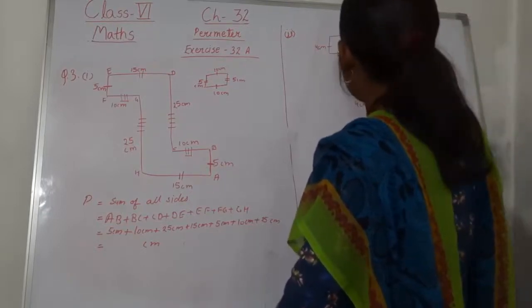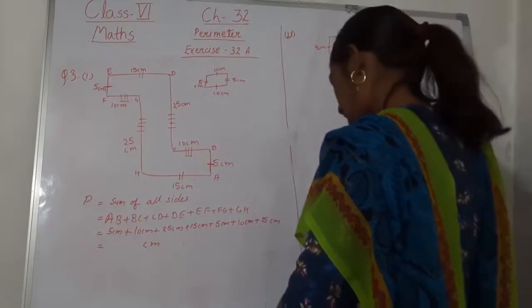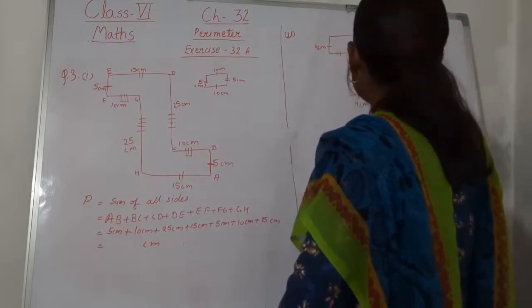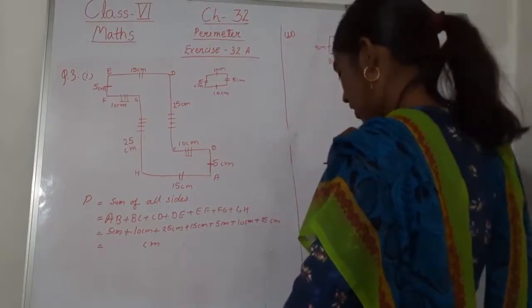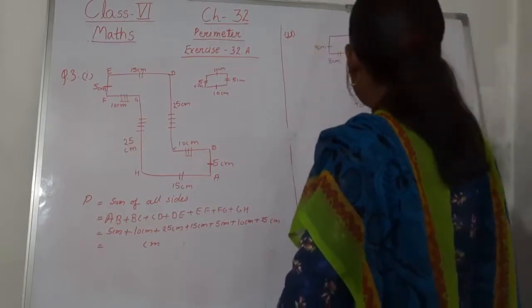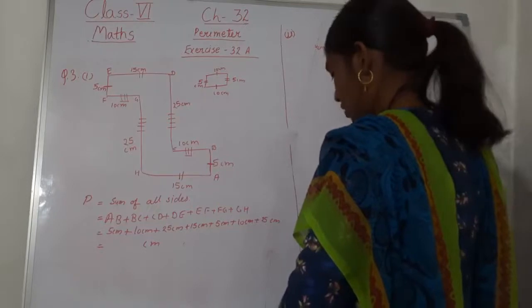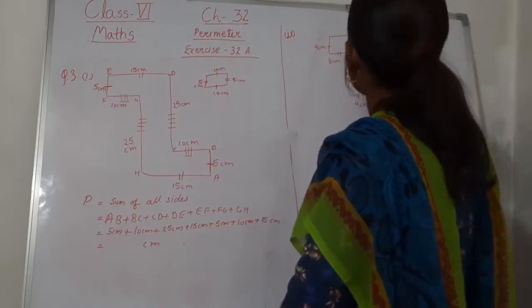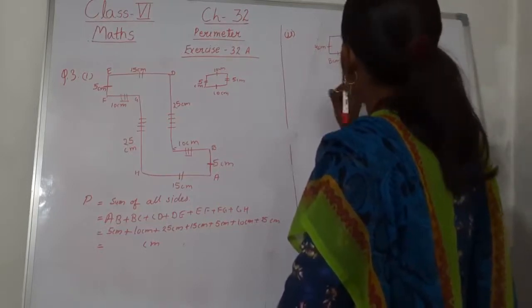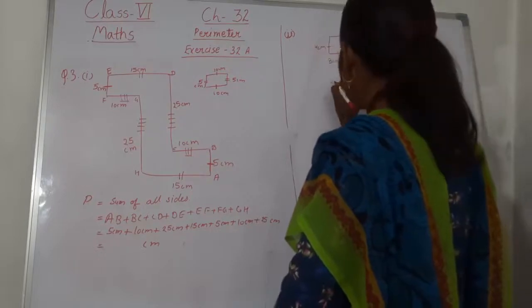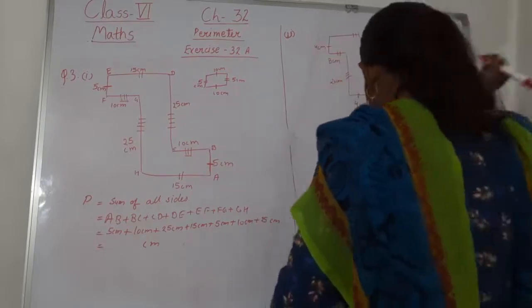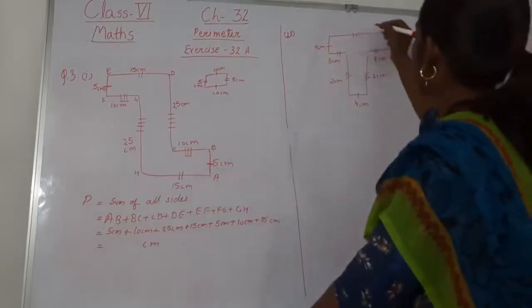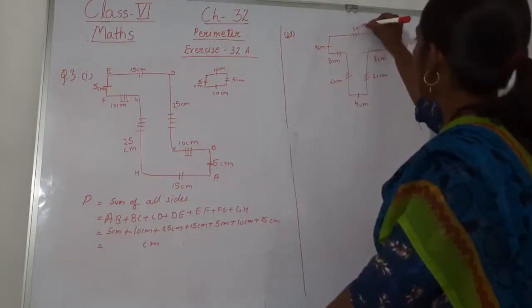Then here 2 dash, here 2 dash, and the length is given 8 centimeter. That means this will also be 8 centimeter. And here 3 dash, 1 2 3, here also 1 2 3, here also 1 2 3. That means this one is given as 20 centimeter. That means this is also 20 centimeter and this one also 20 centimeter.